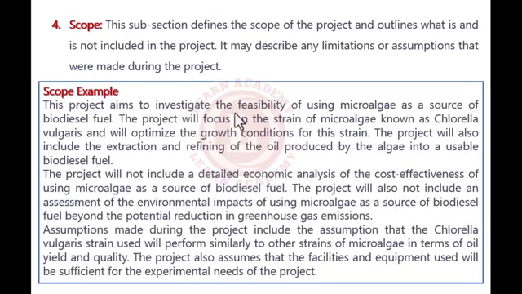This project aims to investigate the feasibility of using microalgae as a source of biodiesel fuel. The project will focus on the strength. So you're trying to lay out the scope, that is the limit and the boundary where your research will be.